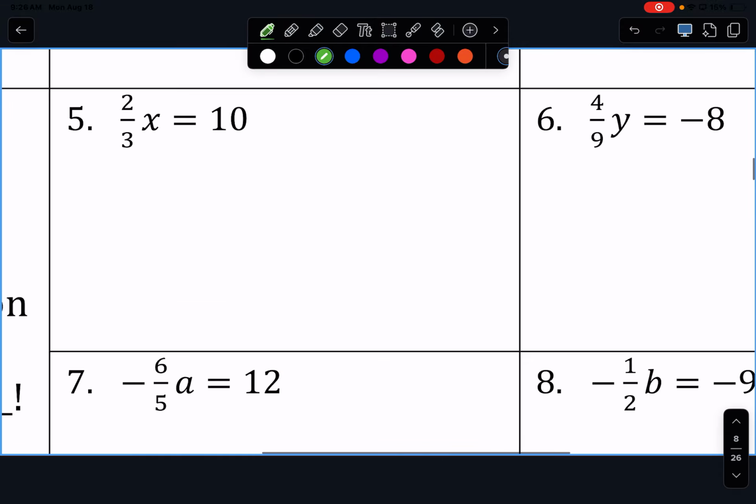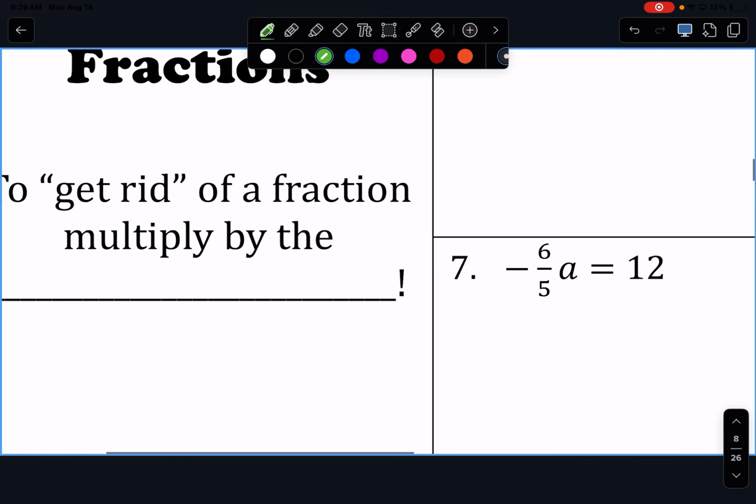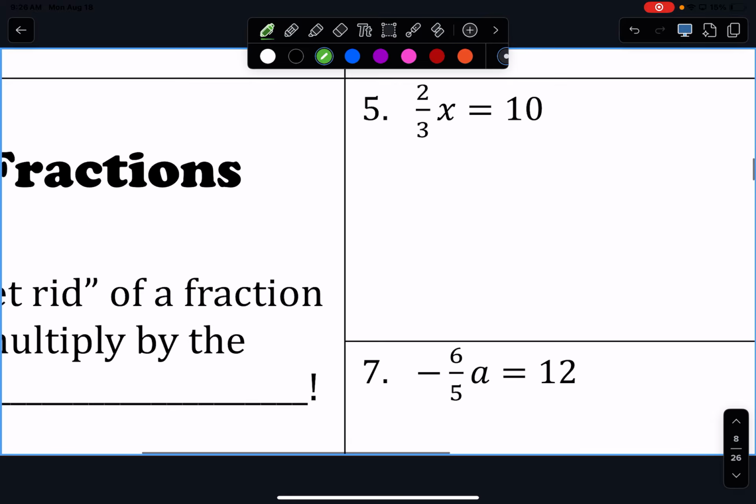The way we can do it in one step is, if I was to do this problem, and you don't have to write this. Please don't write this. Divide both sides by 2/3. What is the same thing as dividing by a fraction? We talked about this last week. Multiplying by the reciprocal, keep, change, flip. So to get rid of that whole fraction, we can just multiply by the reciprocal and do it all in one step.